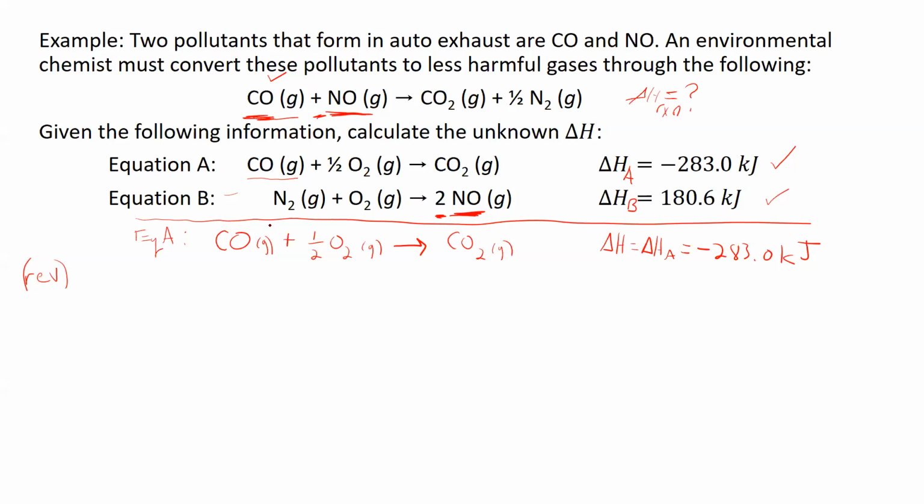And since that's the case, I don't just need to reverse it, I need to take 1/2 of equation B also. So I'm reversing it and taking half of all of the stoichiometric coefficients, okay?